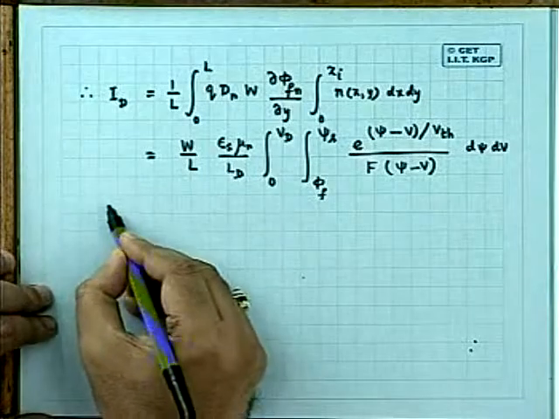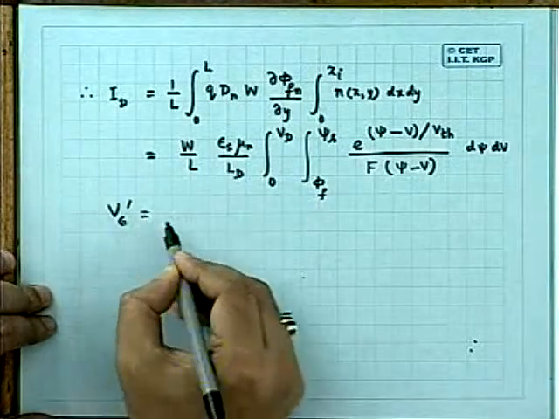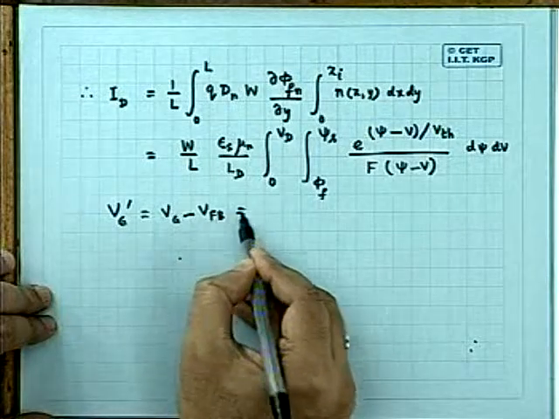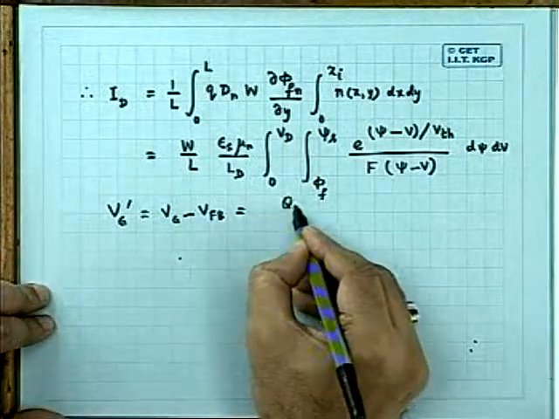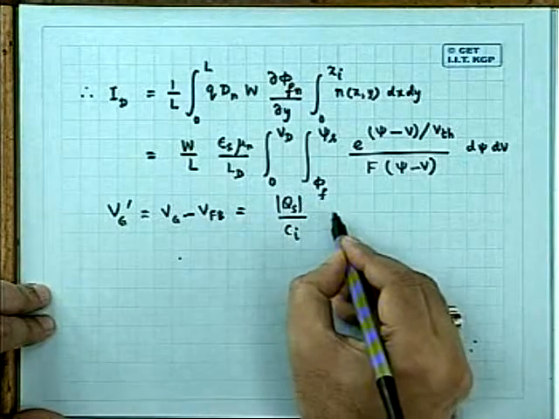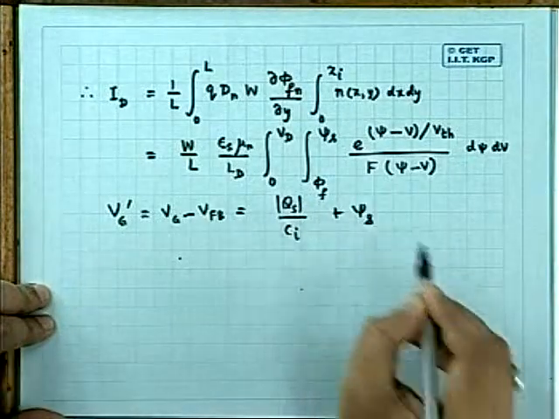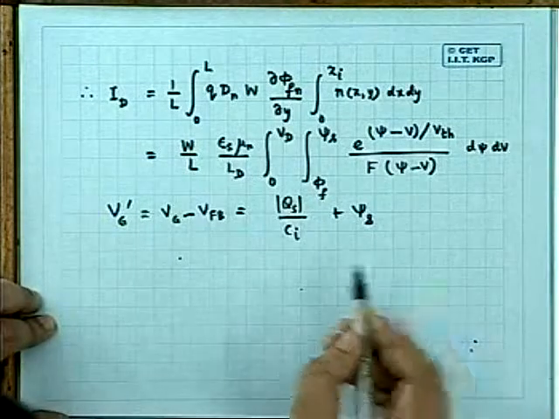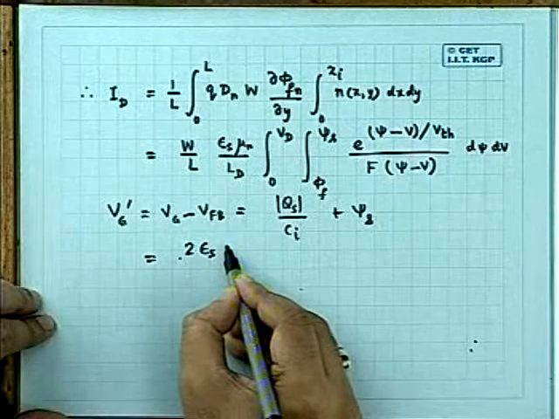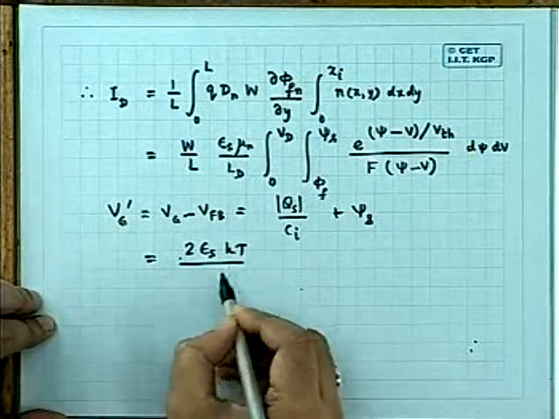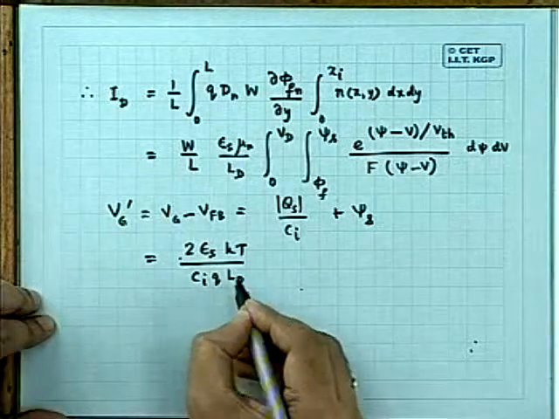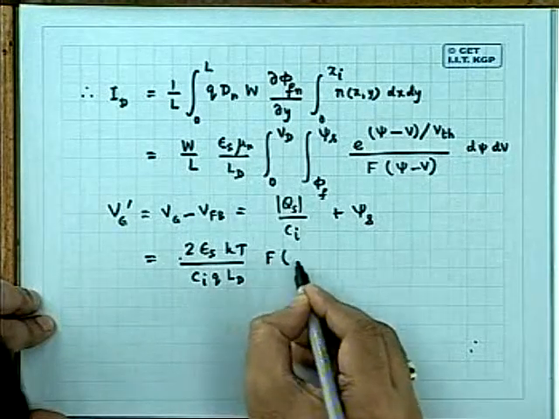And then you know that Vg dash, which is Vg minus Vfb, is equal to Qs divided by Ci plus psi s, and that is equal to twice epsilon s Kt, which you derived earlier, over Ci Q Ld into f of psi s.